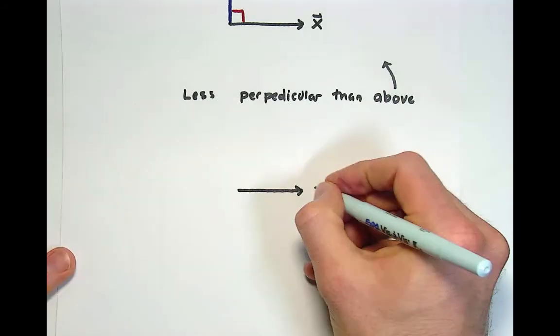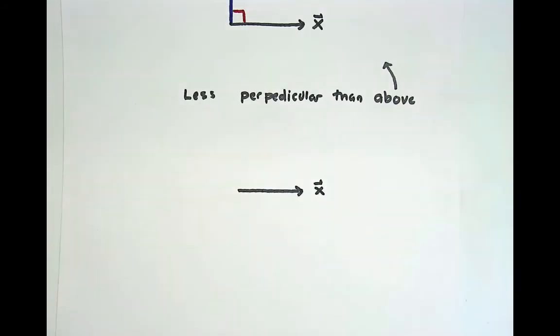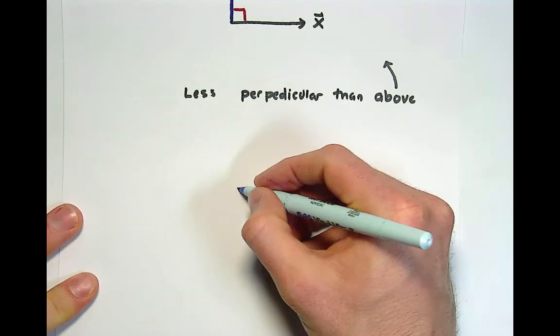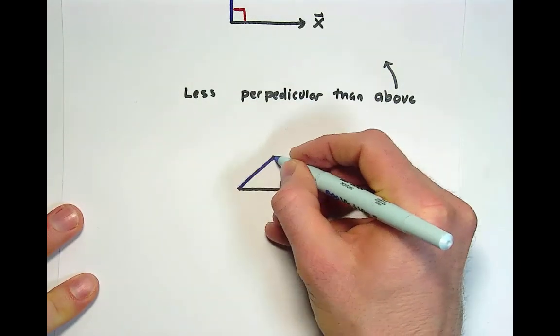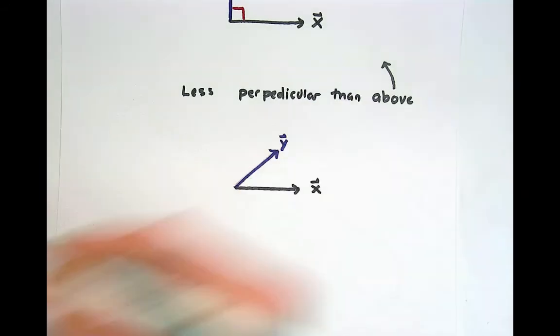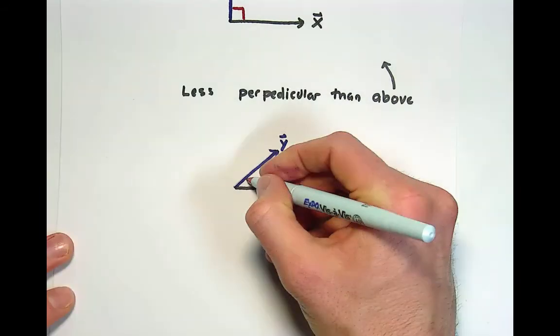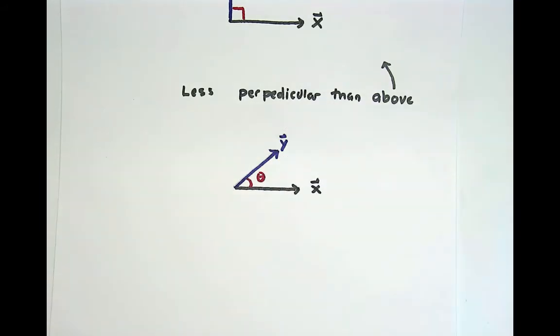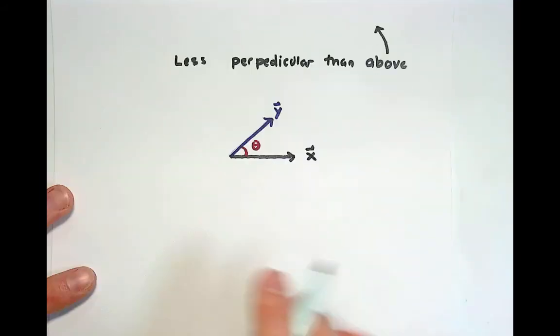Well, in this case we would say maybe this is x, and then we would say that less perpendicular means that y is kind of not exactly perpendicular to x. So there's some part of y in the direction of x. This should kind of remind you of what we did in the dot product. We'll talk about the connection to that later.